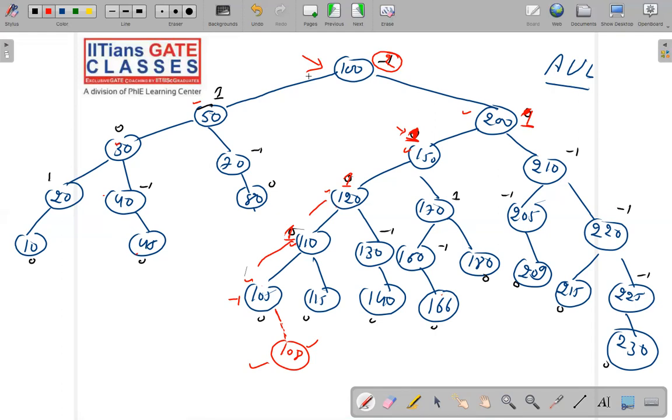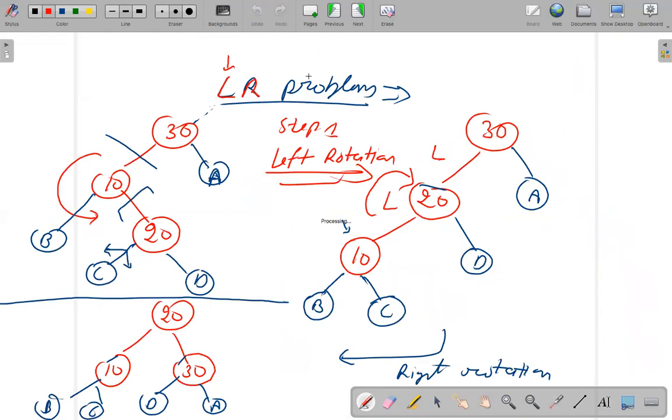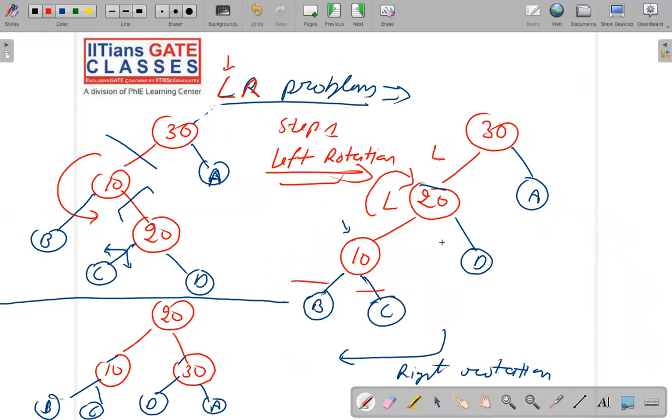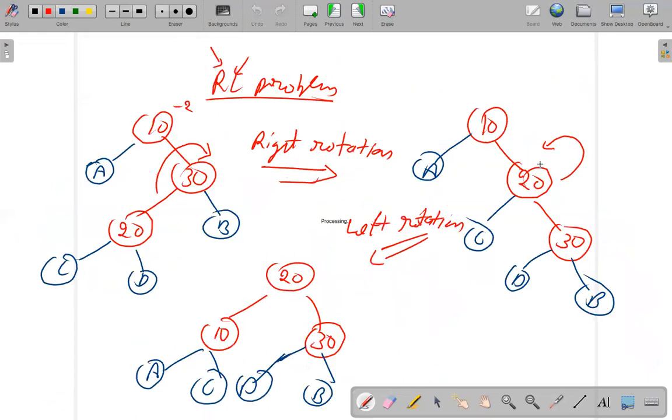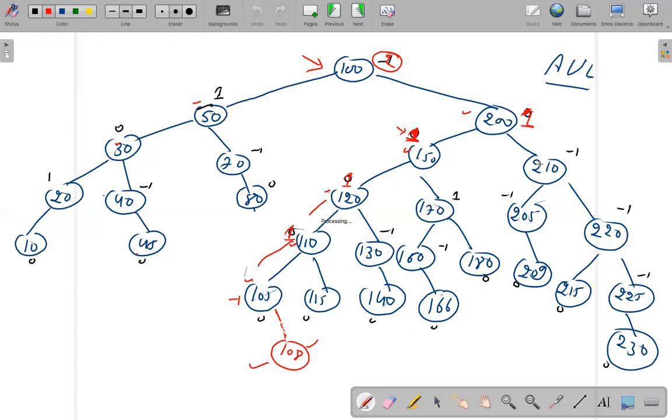Now the subtree concept, the A, B, C, D that I've written, will come into the picture. For rotation, we are not going to write down the whole tree again and again. So the second task is to identify where it is imbalanced.